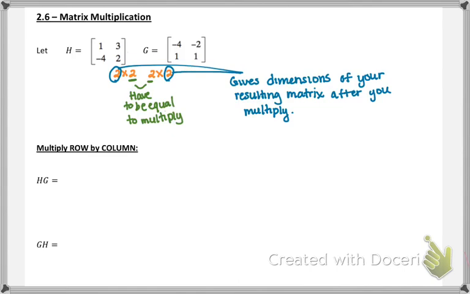So I know that after I multiply H times G, my resulting matrix is going to be another 2 by 2 matrix.